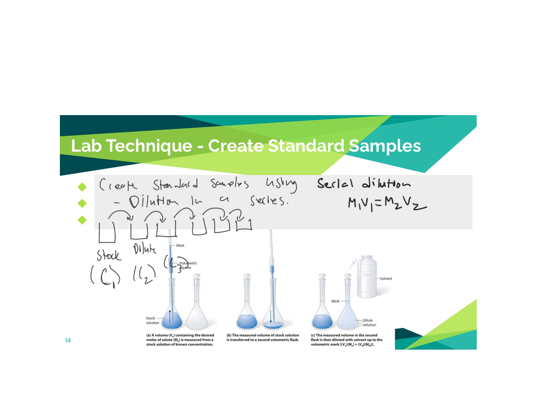And so rather than diluting your stock solution to every single concentration that you want, you will instead take a little bit from each dilution that you make and then add that to a new container and then dilute to your desired volume for your new concentration. This is just a much better way to do it that doesn't cause as many errors.